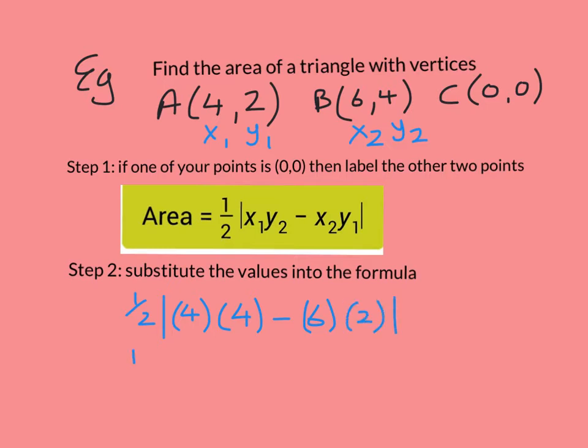That will give me a half of 4 by 4 is 16, minus 12, which gives me a half of 4, which is 2, and that's my final answer.